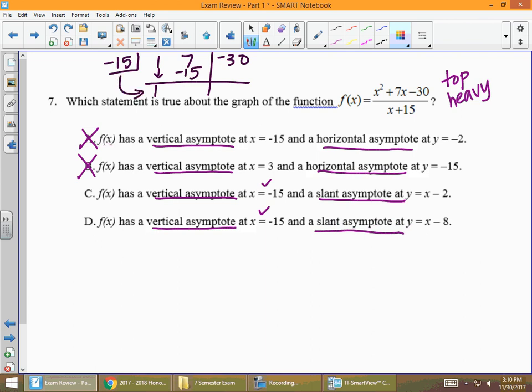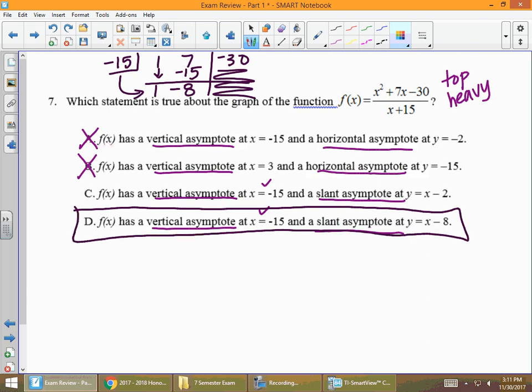Remember, multiply on your little swoop there and then add vertically. 7 plus -15 is -8. We do not care about our remainder. So my slant asymptote is y equals x minus 8, and D is my answer.